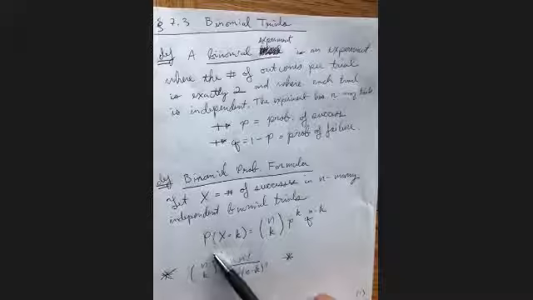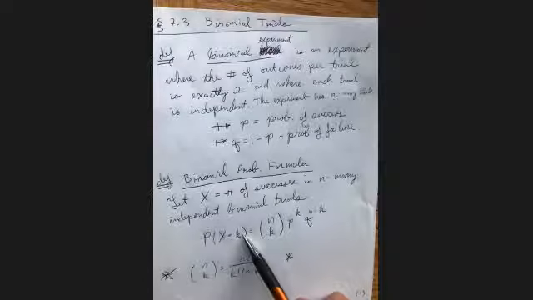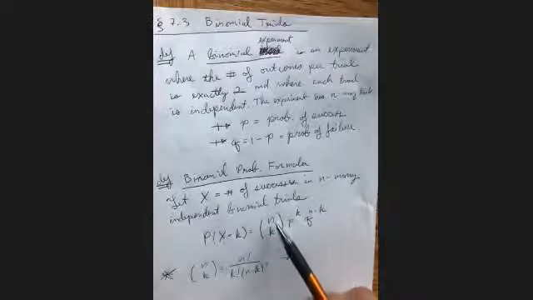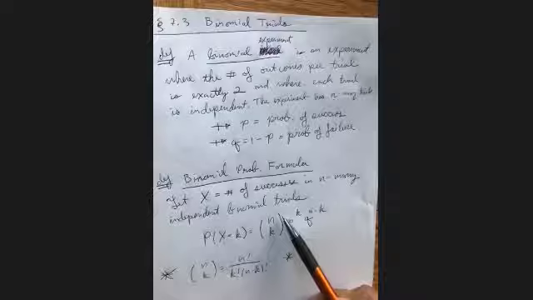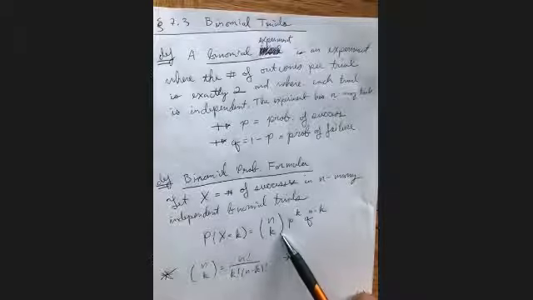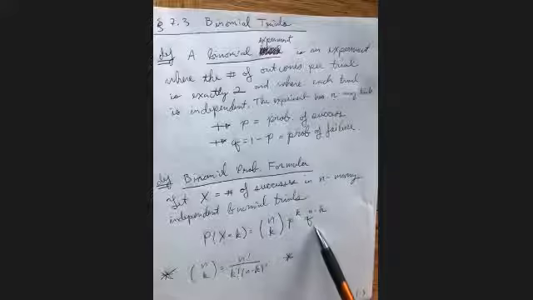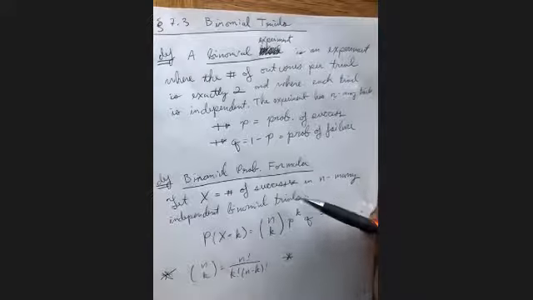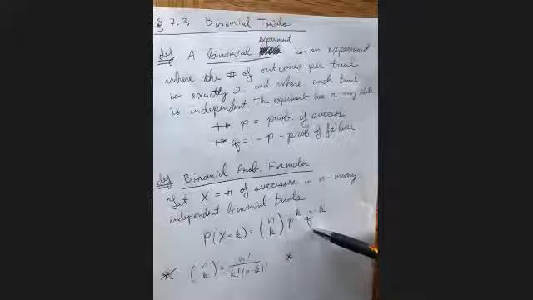Okay, so the probability of getting k many successes can be computed by taking the binomial coefficient n choose k and multiplying it by p to the kth power times q to the n minus kth power. Okay, so we've got our p and our q, our probability of success and our probability of failure.